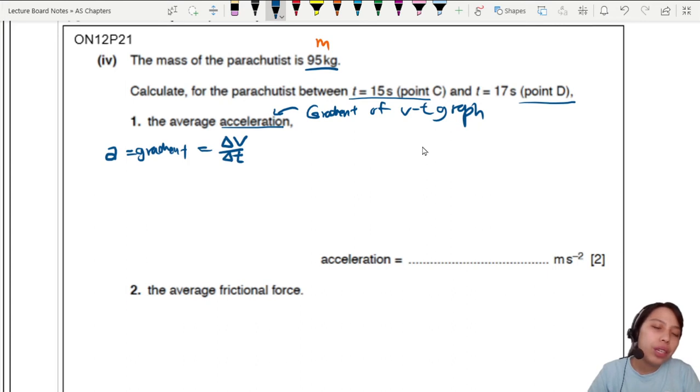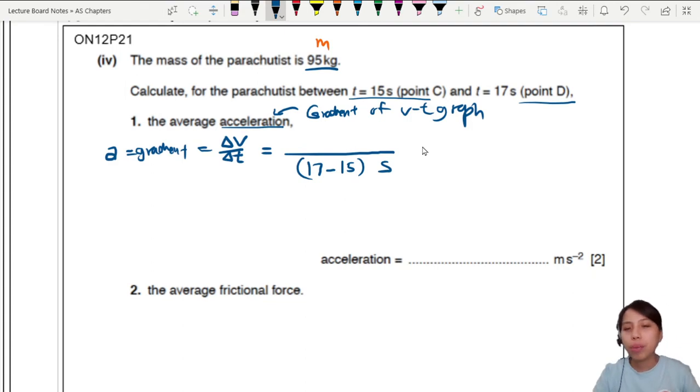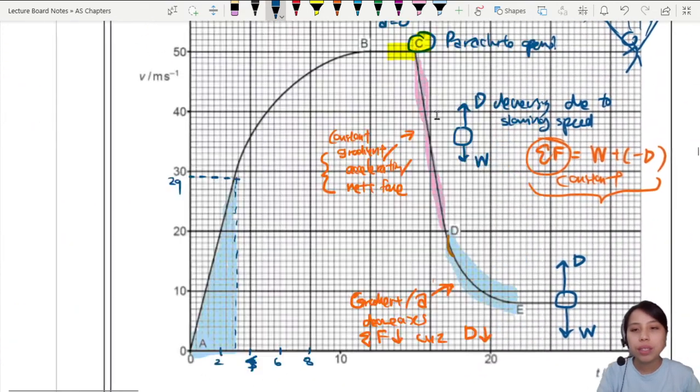The change in time I know is 17 seconds minus 15 seconds. Okay, from C to D, what's the change in velocity? Let's go read the graph.